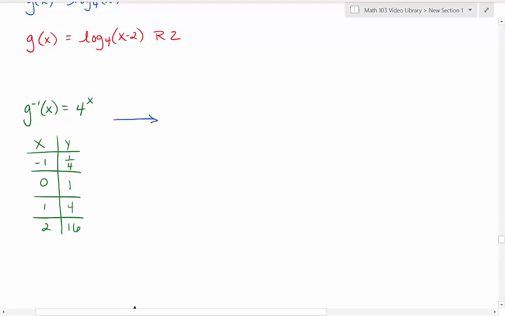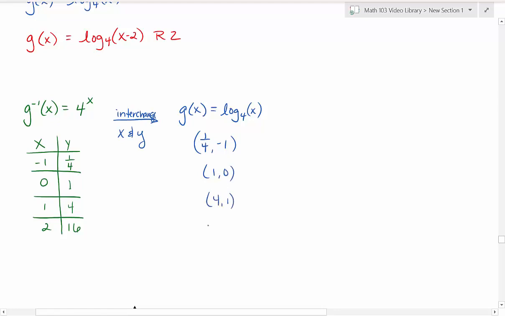To get our logarithmic function, we're going to need to interchange the x and the y coordinates. So the points for our parent function will be 1/4, -1, 1, 0, 4, 1, and 16, 2.